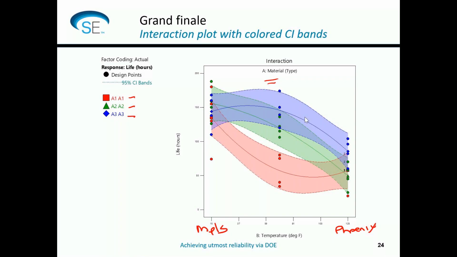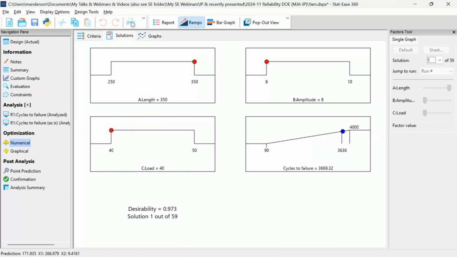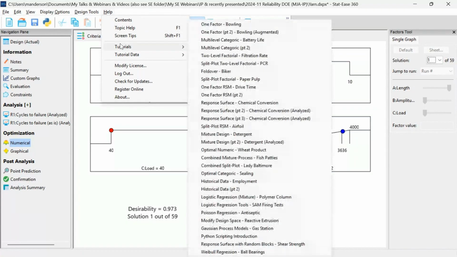that there's this interaction. Now this study, I can just leave it for you if you have Design Expert or Stat-Ease 360. If you don't, you can download a free trial, and you might want to take a look at this tutorial. It comes from Douglas Montgomery's book, Design and Analysis of Experiments, and it's what we call a multi-level categoric experiment.